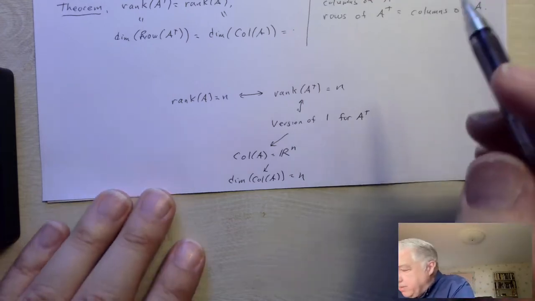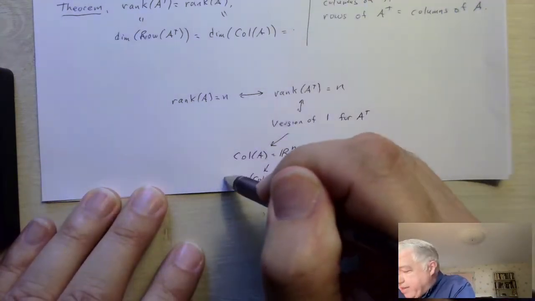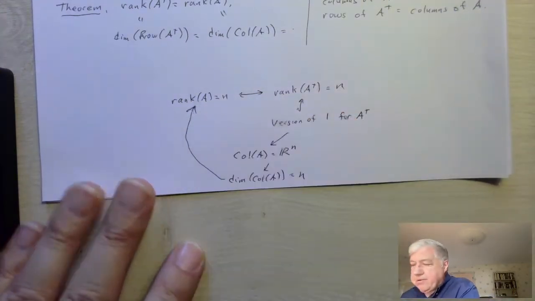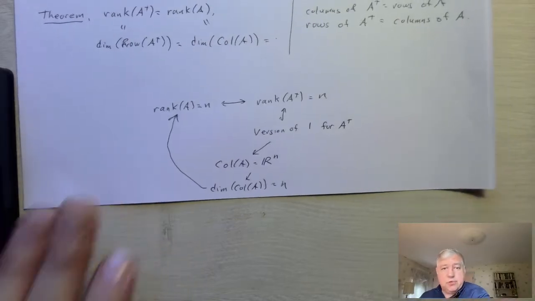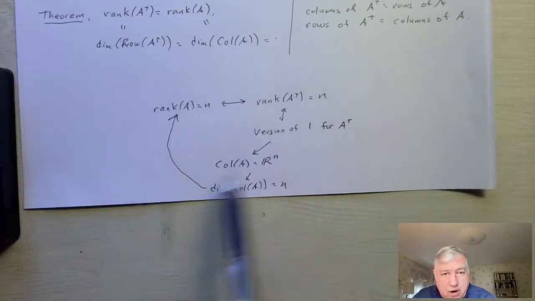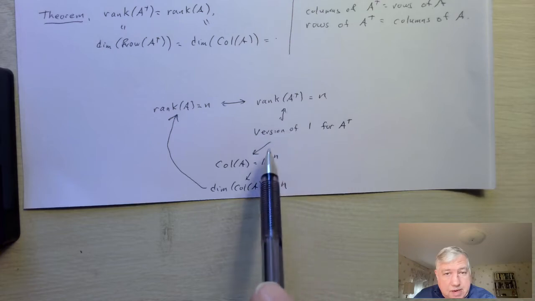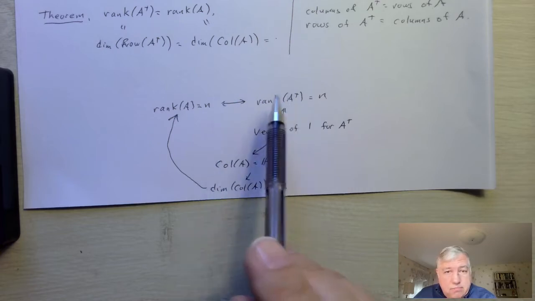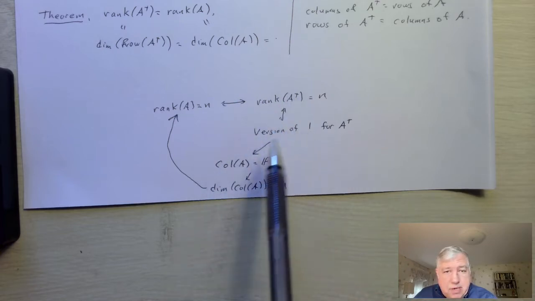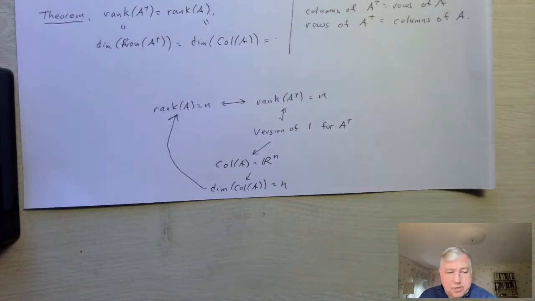And then that automatically implies that the rank of A is equal to n. Okay, so all of these are now equivalent. All of these statements, we can ignore these. We sort of just use these as intermediate steps. So all of these are equivalent.